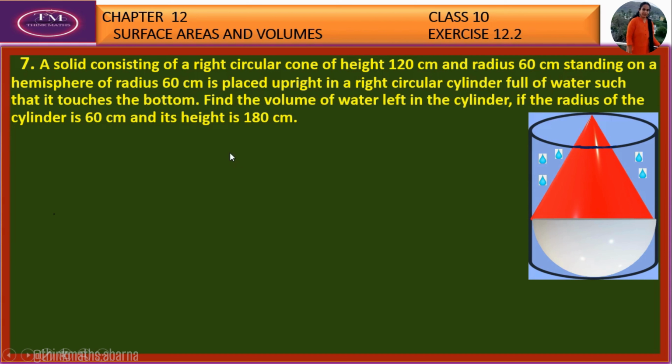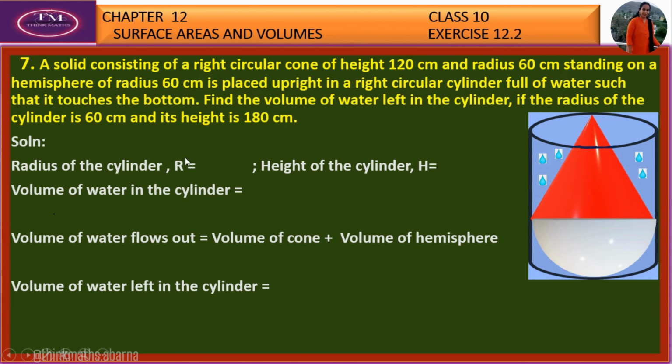Okay, children? So let us write the problem. So it is given that radius of the cylinder. So what is the radius of the cylinder? If the radius of the cylinder and height is 180 centimeter. So capital R is equal to 60 centimeter and height is equal to 180 centimeter.